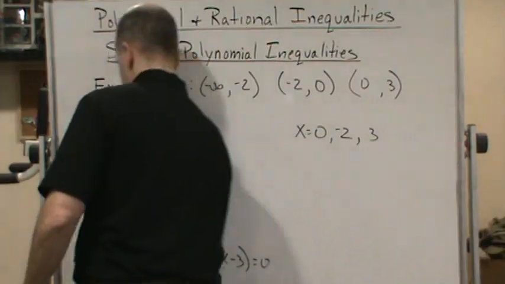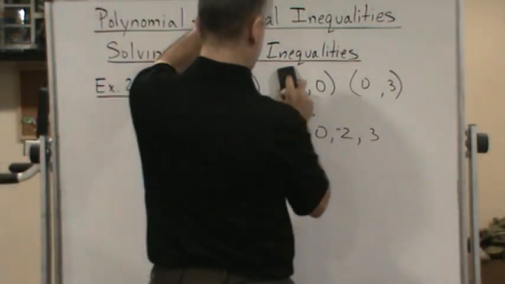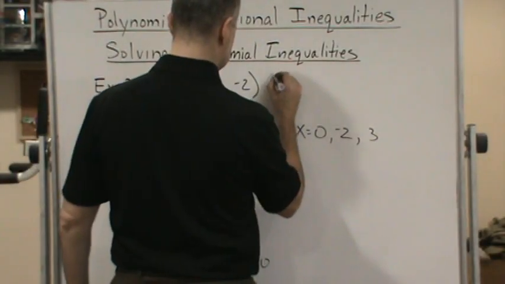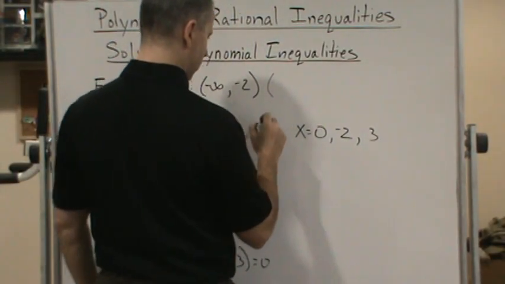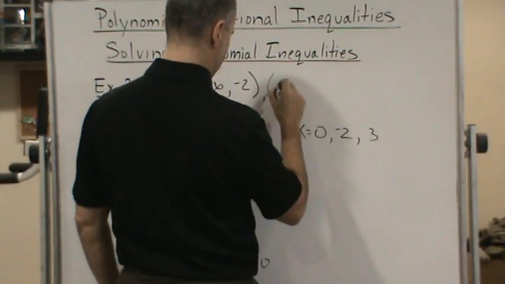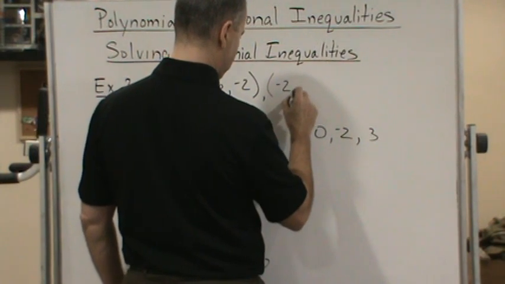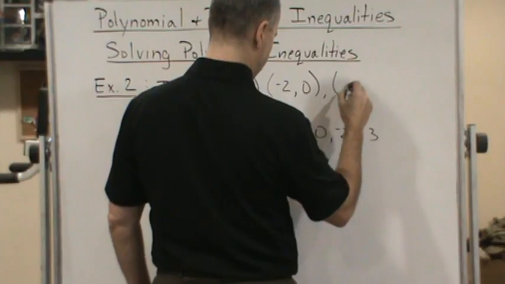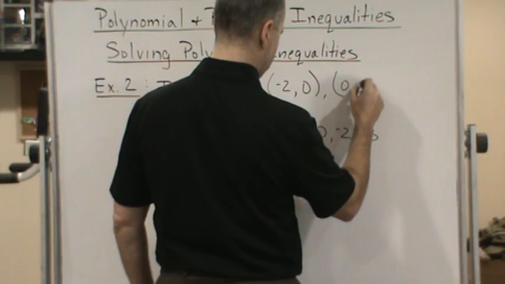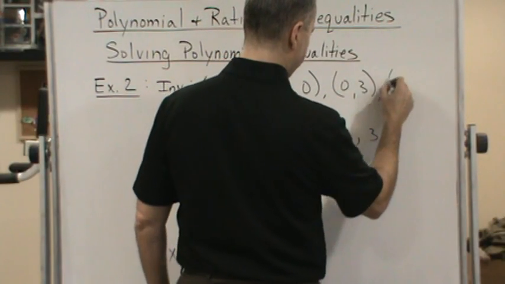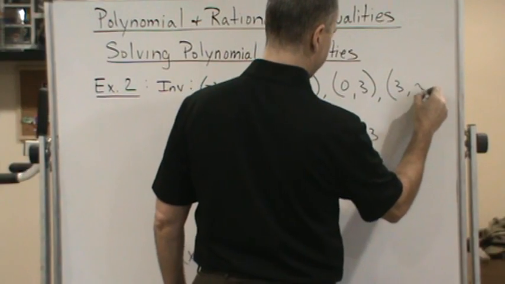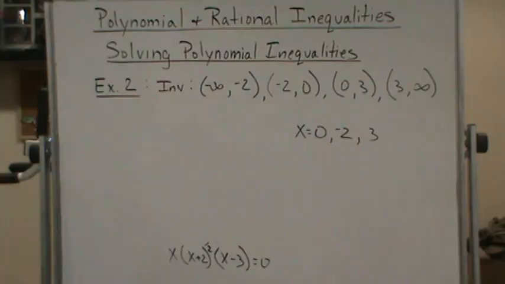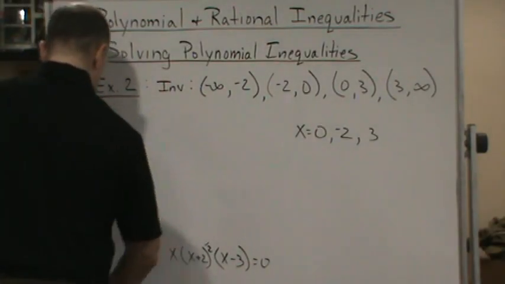Oh, I didn't give myself enough room. Let's do this again. So our intervals are going to be from negative infinity to negative 2, from negative 2 to 0, then from 0 to 3, and then from 3 to positive infinity. So in this case we have 4 intervals to test.